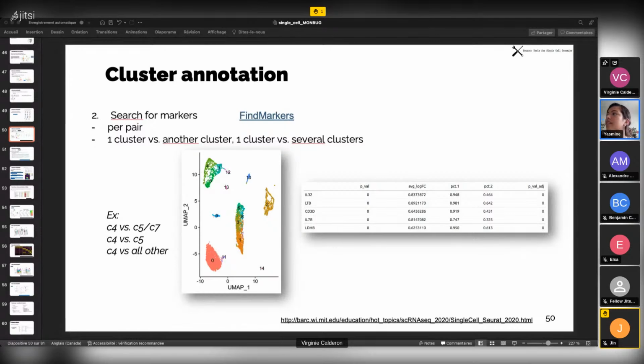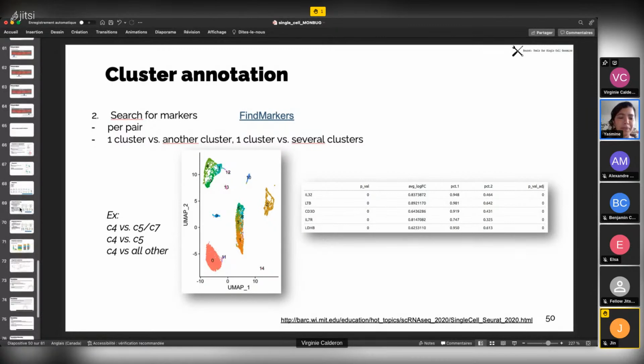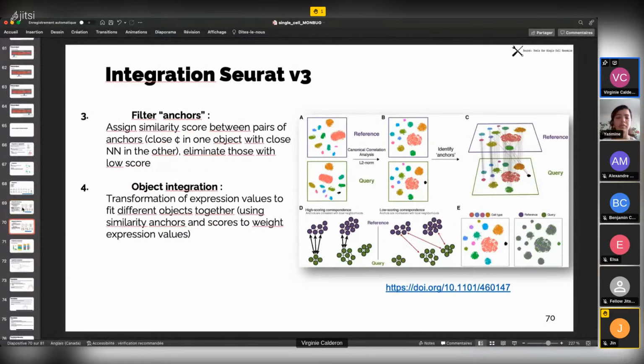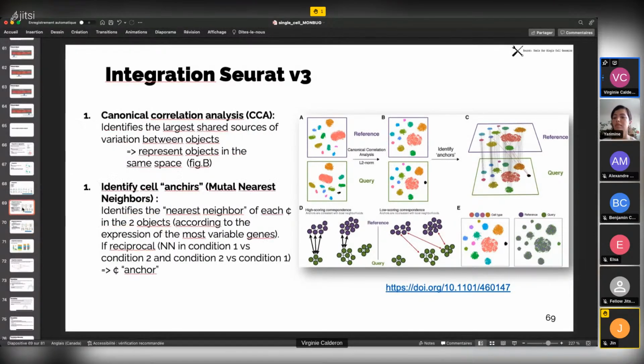What were the slides? 69 to 71? Oh, I have one question from Benoit Fissé. He said, what were the slides 69 to 71? Oh, it was about the steps for the integration. I just described the different steps for how Seurat is integrating data.